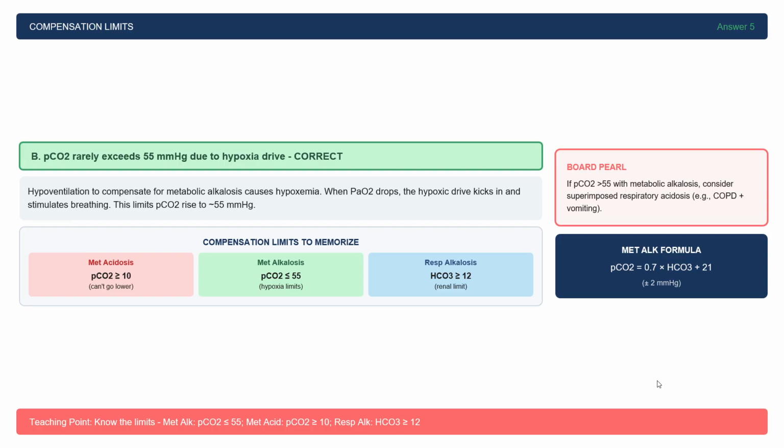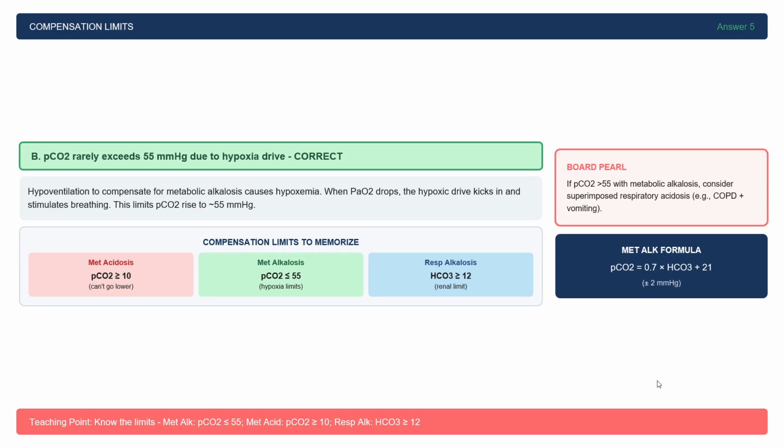One important concept to remember is that PCO2 usually does not rise above 55 millimeters mercury during compensation for metabolic alkalosis. The reason comes down to physiology. When the body tries to compensate for metabolic alkalosis, it does so by hypoventilating to retain carbon dioxide.